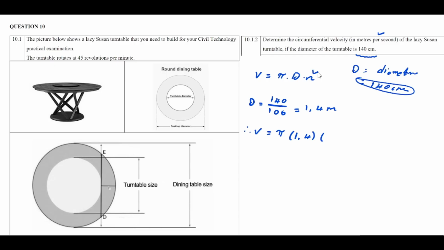And then the number of revolutions. In this case, it was 45 revolutions per minute. We converted that to per second, which is 0.75 as substitution, making your V equal to 3.30 meters per second. That is your circumferential velocity in meters per second.